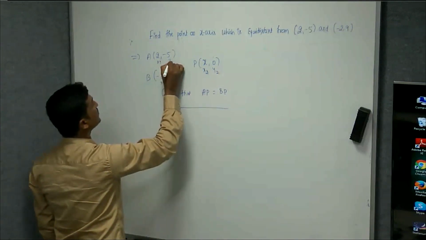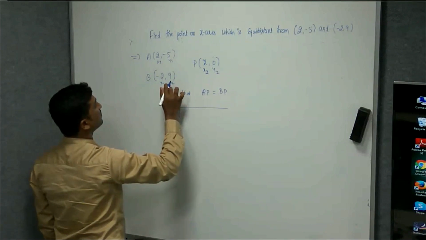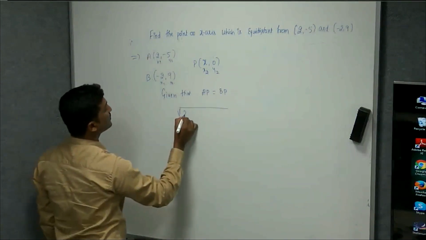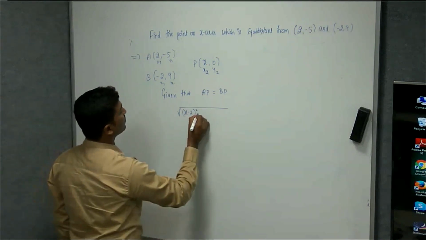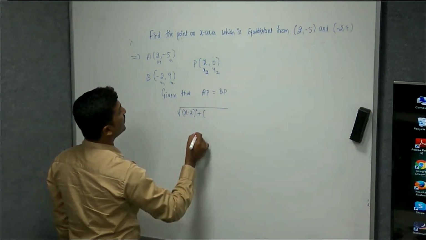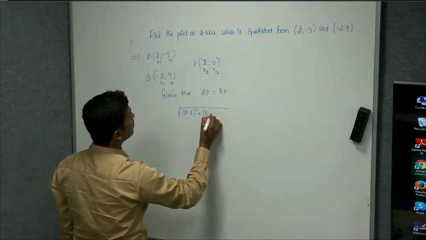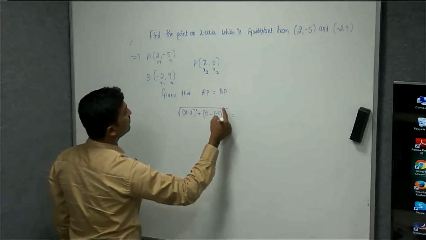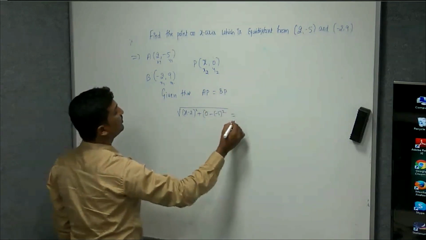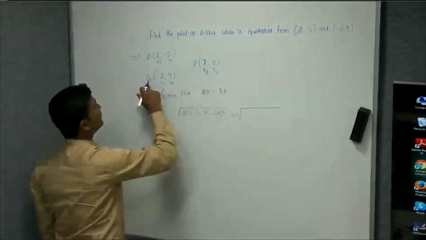Take it as x1, y1. x2 minus x1, that is (x minus 2) whole square, plus y2 minus y1, y2 is 0, minus y1 is -5, whole square, which is equal to BP. That is the distance between B and P.